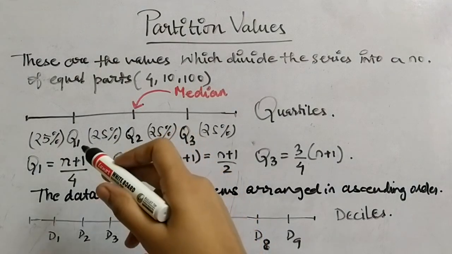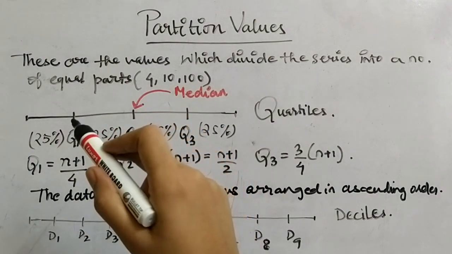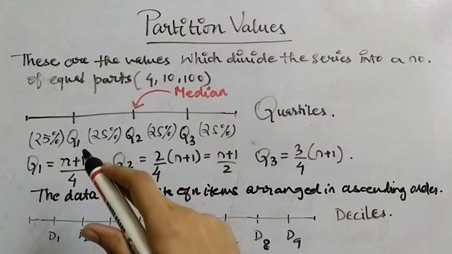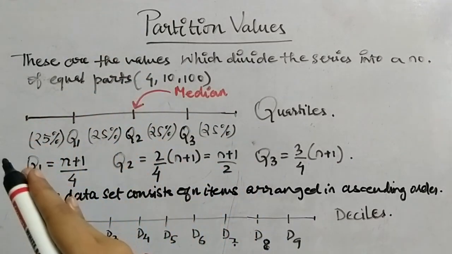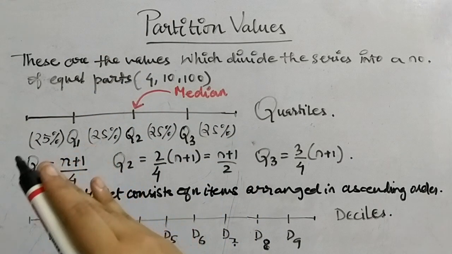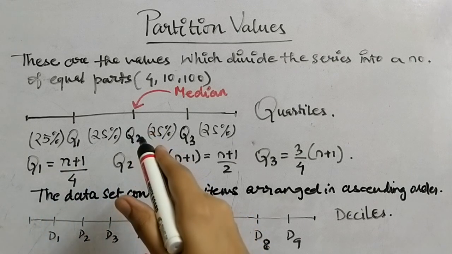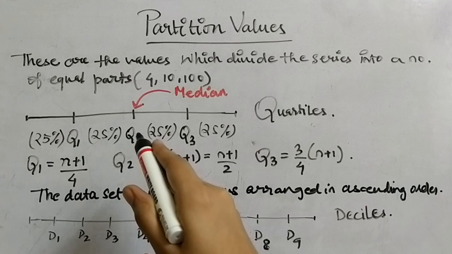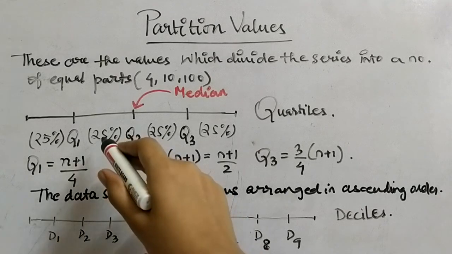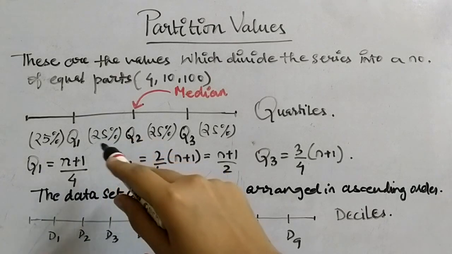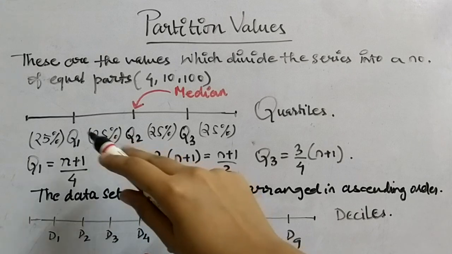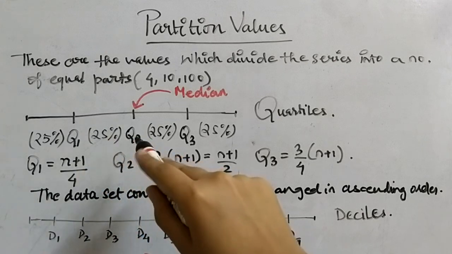What does quarter number 1 do? Quarter number 1 makes sure that below it the number of observations are only 25%. And between quarter number 1 and quarter number 2, the number of observations is 25%, right?